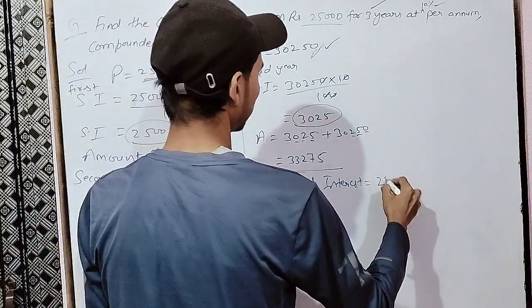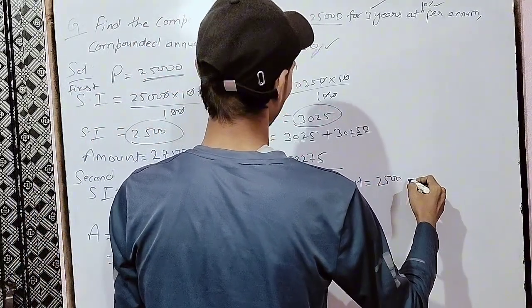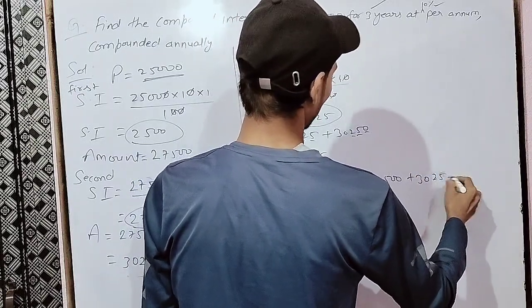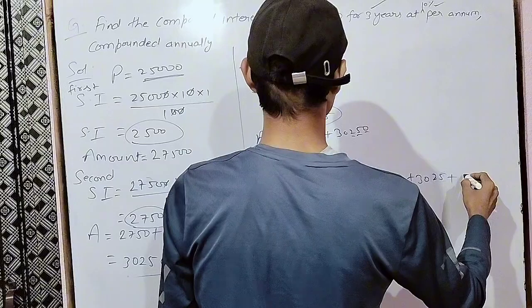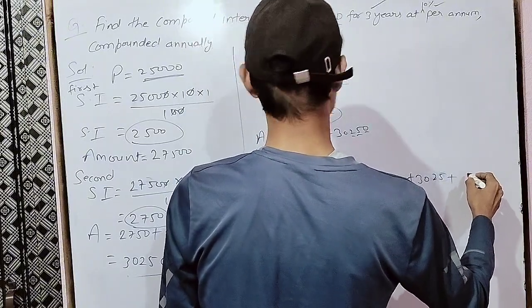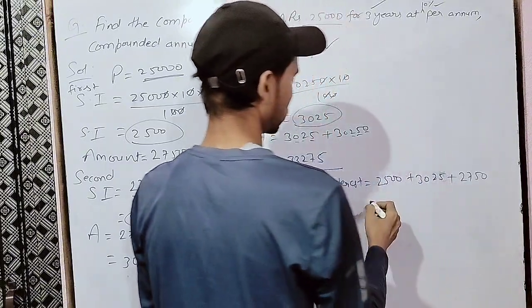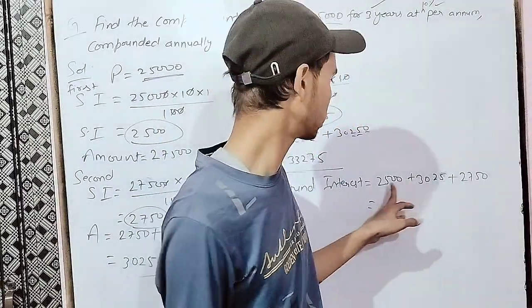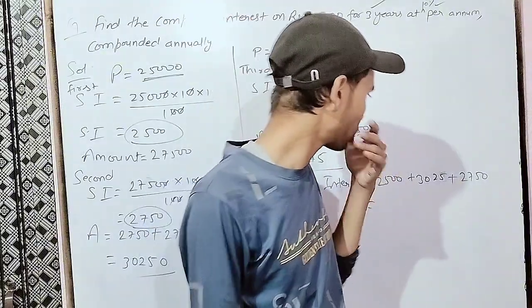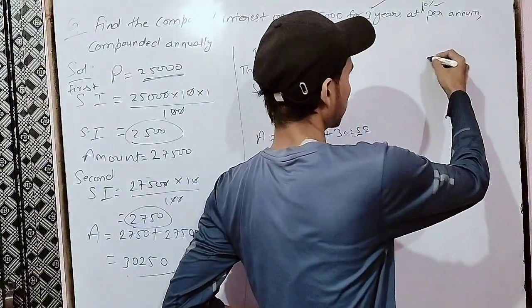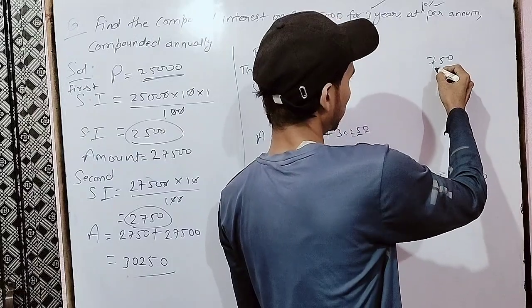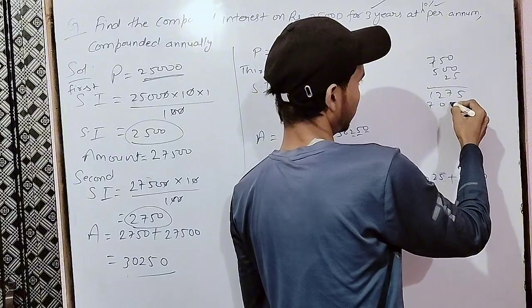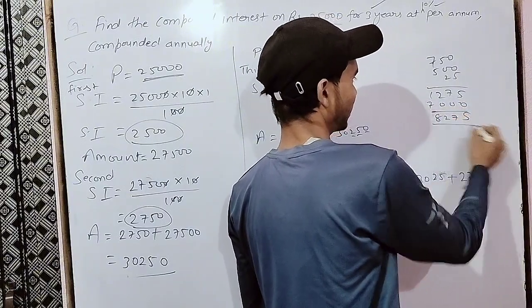Compound interest, how much? 2500, 2750, 3025, and then adding: 2500, 2750, 3025 gives 8275.